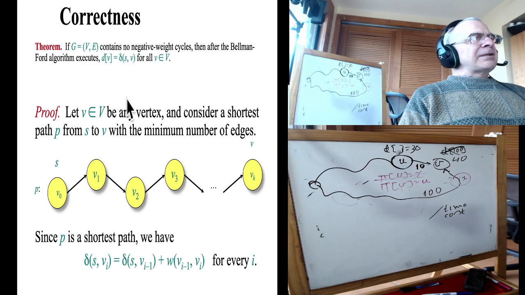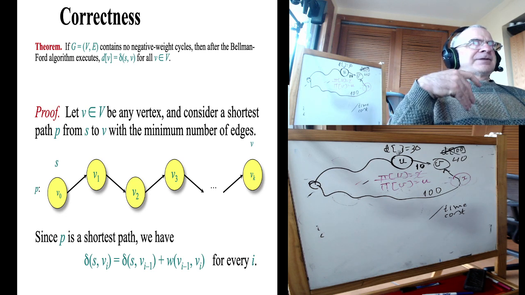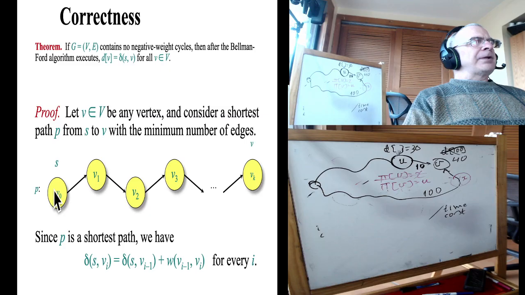And what happened in the first iteration of the algorithm? In the first iteration, executing the inner loop, I'm accessing and performing the relax operation on each and every edge of the graph, including the edge that goes from V0 to V1 at some point.